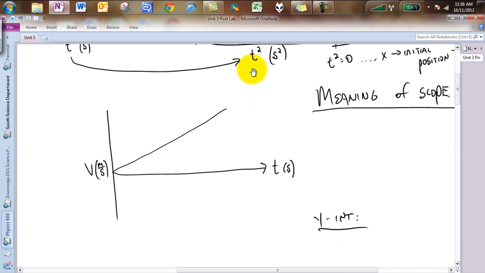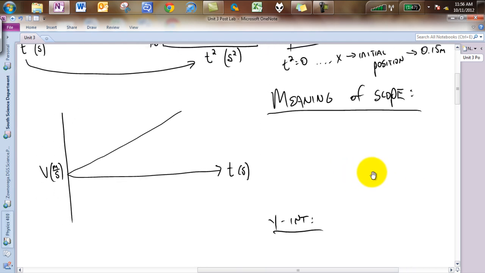Now, moving to the v versus t graph, meaning of slope. First off, like I said, I like to look at the slope units. In this case, the slope units is a meter per second divided by seconds. Now, whenever you're looking at something like this, a fraction inside a fraction, I always say let's just simplify it and get a standard fraction.